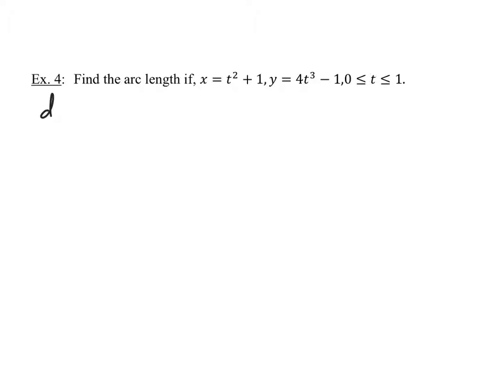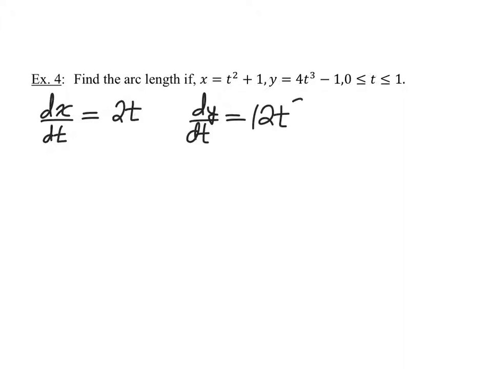It doesn't matter which one you do first, but when I do the derivative process and second derivative, I usually find dy dt, then dx dt, so that I divide them in the proper order, but this isn't that. All right, so dx dt is 2t. dy dt is equal to 12t squared.